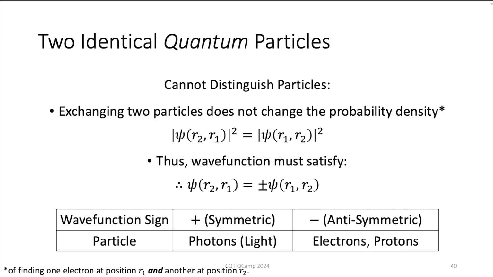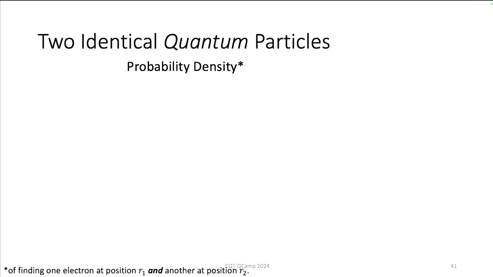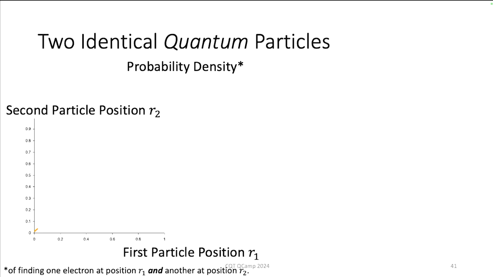If we were to look at the probability density, I'm going to plot the probability density. Here, the first axis will be the first particle's position. The second axis will be the second particle's position. So it's different from the earlier case where we plotted them on the same space.